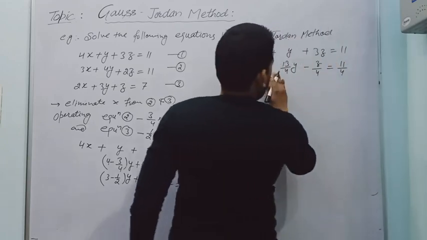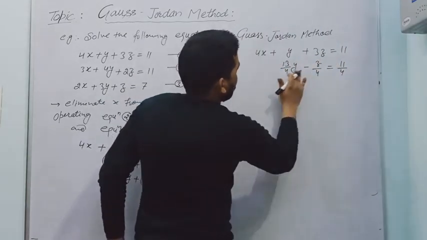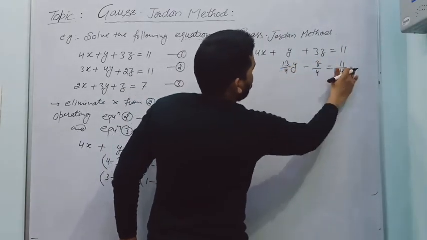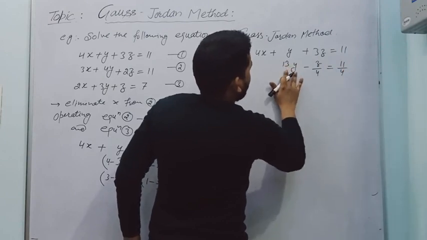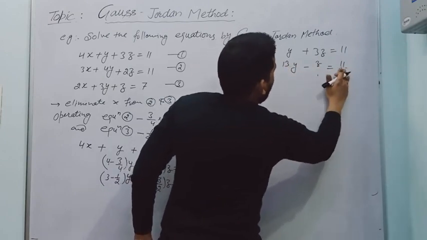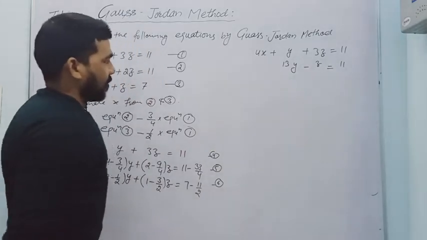Then the LCM will be taken, so 4 will be cancelled out. That will be 13y minus z equals 11. Alright, this will be the equation now.